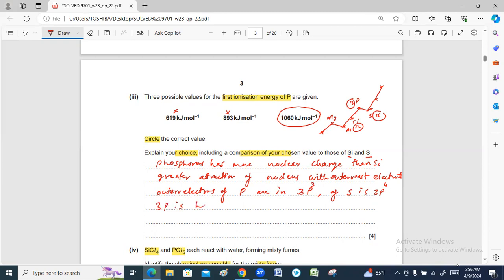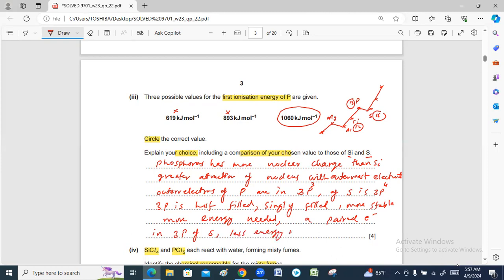In phosphorus the 3p is half filled, or we can say singly filled orbitals, and this is more stable, so more energy is needed. There is a paired electron in the 3p of sulfur, so less energy is needed due to electron spin repulsion.